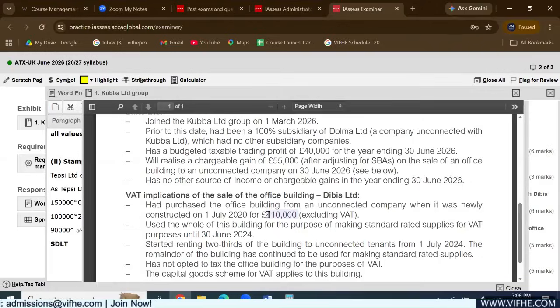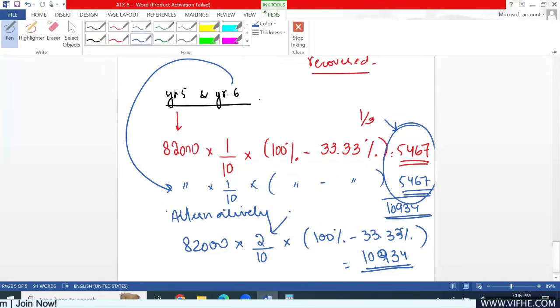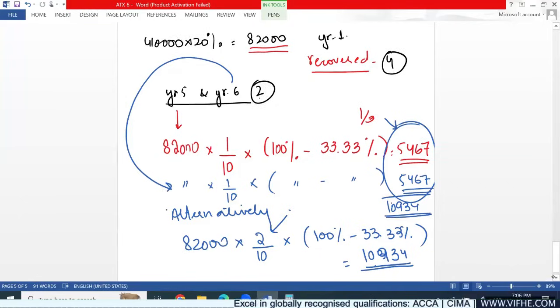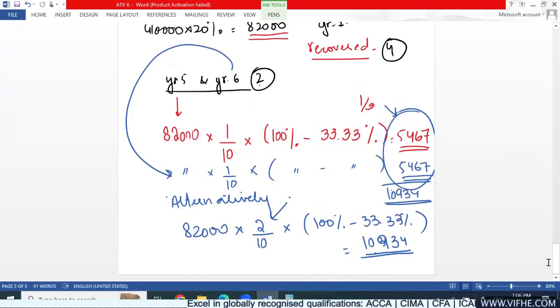Out of 6 years, in the first 4 years there had been no change in the taxable proportion with which the building was being used. And then in the next 2 years, there was a change in the percentage with respect to making taxable supplies. So altogether, from the ownership point of view, 6 years are gone. And now we are going to sell the building.